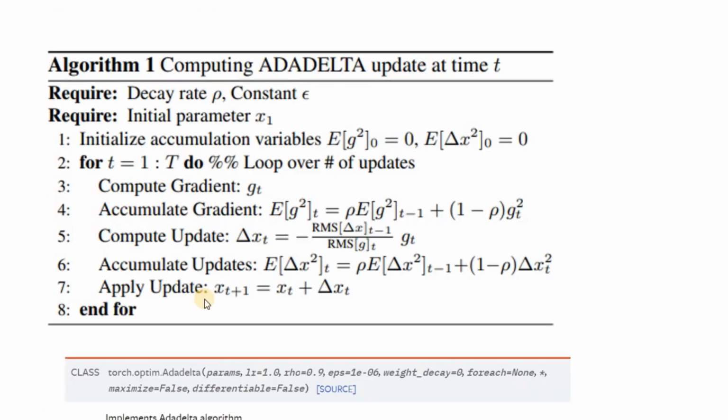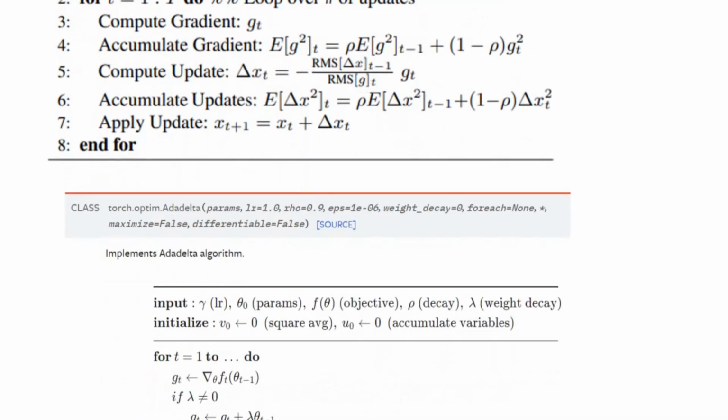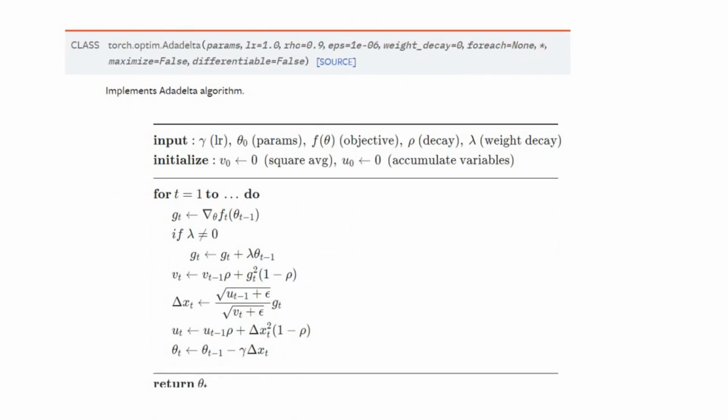So this is the AdaDelta implementation as taken from the paper. If you go through the paper and then look at the torch implementation of this algorithm, you might feel that there is a gap between how the algorithm is implemented in the paper and how it is implemented in PyTorch.